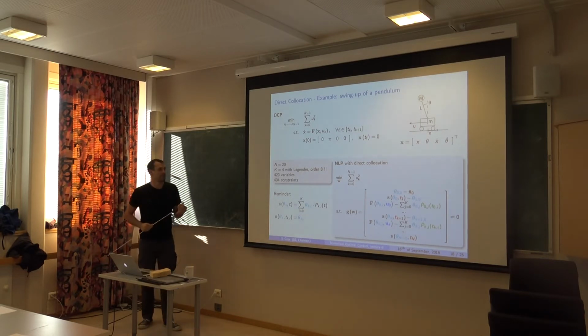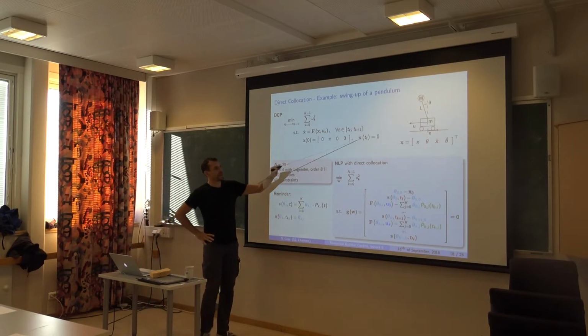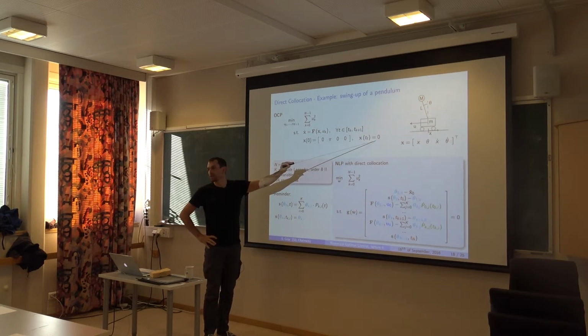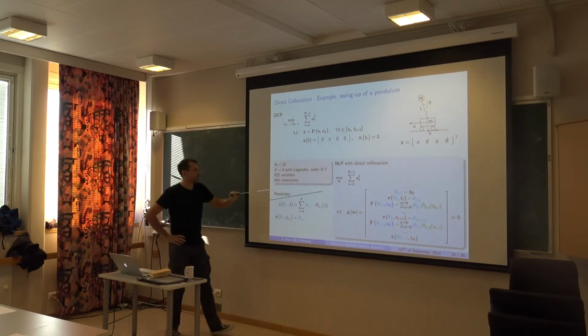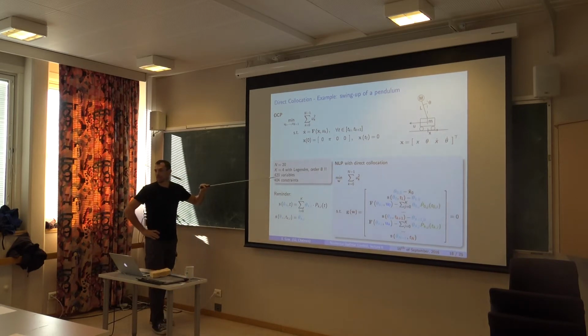It's not trivial to spot. Is it something to do with the end condition? Yes, exactly. I asked my OCP to hit the 0 point at final time. I have 4 states, that's 4 constraints, right? That's where I lost my 4 degrees of freedom.